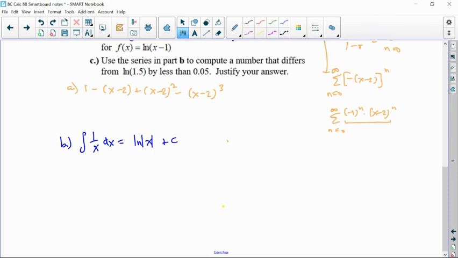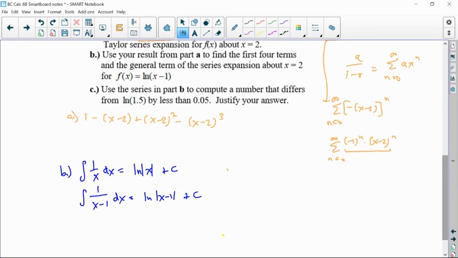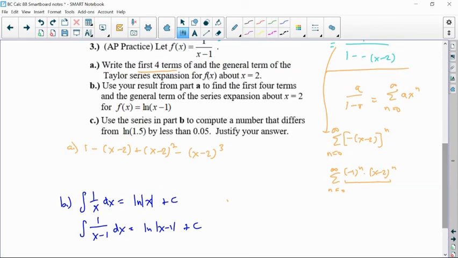So the antiderivative of 1 over x minus 1 is equal to the natural log of x minus 1 plus c. So if they want us to use the results from part A, we know that we have an expansion of 1 over x minus 1 centered at 2, which is this right here.